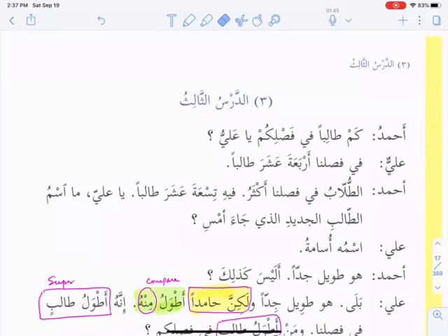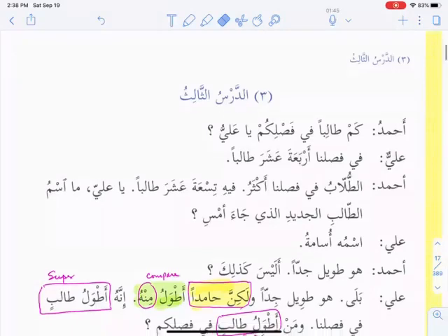Ismu Tafdil is the name for superlative and comparative degree. There's only one name. How do we know that the sentence is a superlative or comparative? It's very easy to find out. We are all going to learn this here, inshallah. So I will ignore the number, I'll just translate, but then we'll straight away go to the main topic.